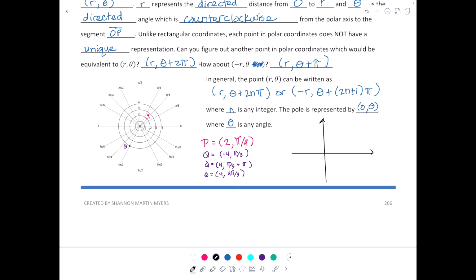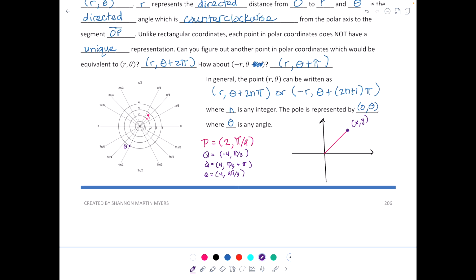If you have some ray that's been rotated, and suppose you've got this point (x, y) right here, you can make a right triangle.